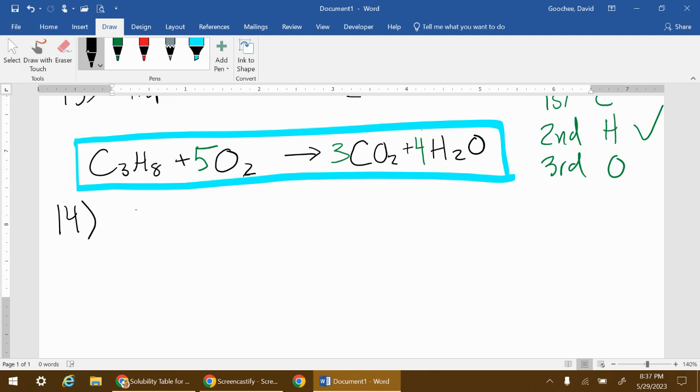So calcium hydroxide. Calcium is 2 plus. I know this because it's in the second column of the periodic table. And hydroxide we've dealt with before on this worksheet. It's OH minus. So 2 hydroxides, 1 calcium. Calcium hydroxide is Ca(OH)2.